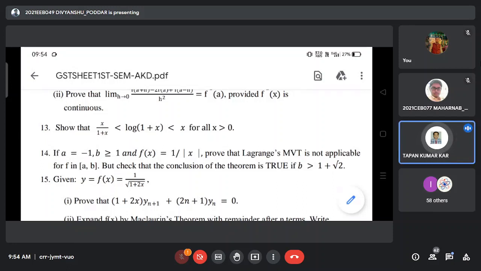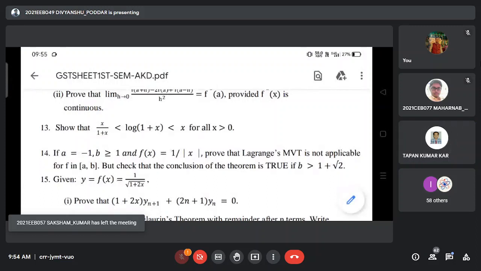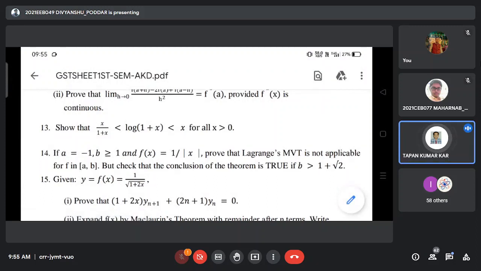Suppose, for example, b equal to 1, so the interval is -1 to 1. Is it continuous in the interval -1 to 1? No, sir. Where is it discontinuous? Zero. So Lagrange's mean value theorem is not applicable.